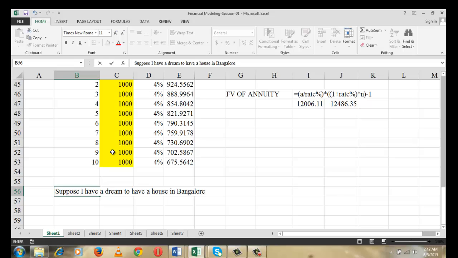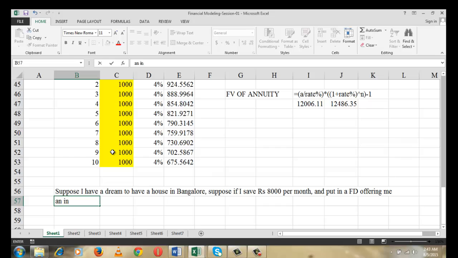Suppose I save 8,000 rupees every month and put it in a bank FD offering me an interest rate of maybe 4% per annum.